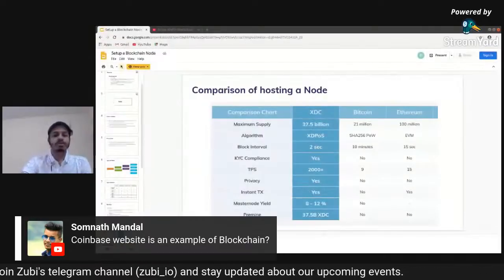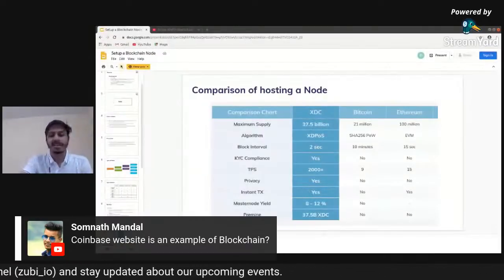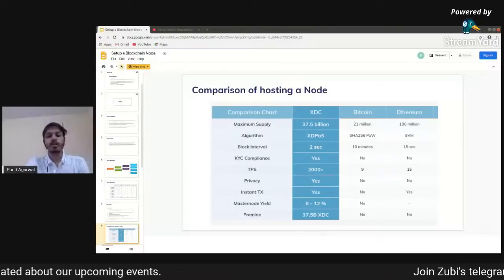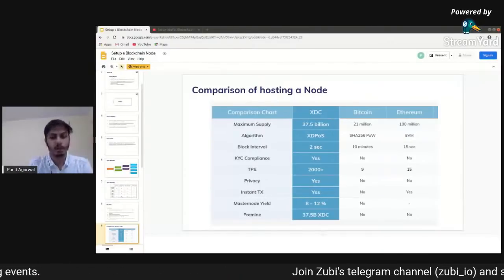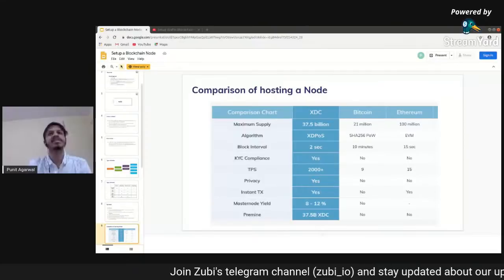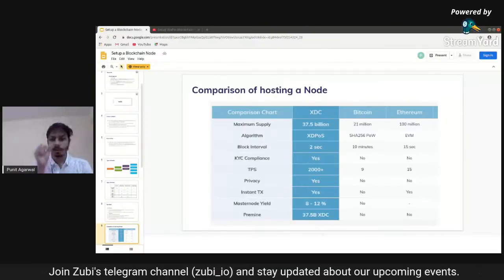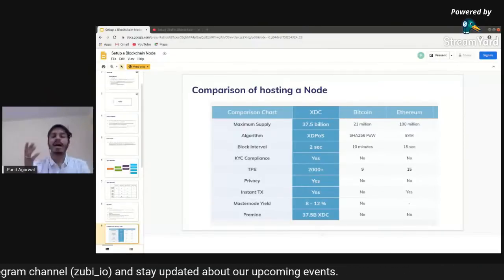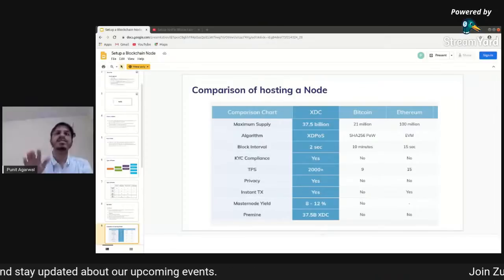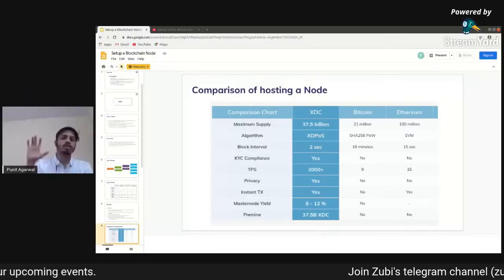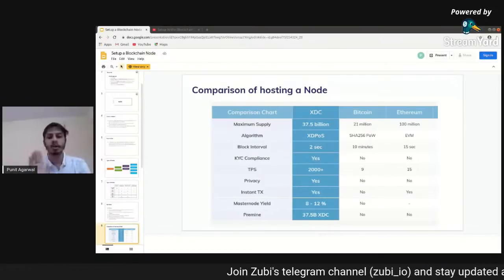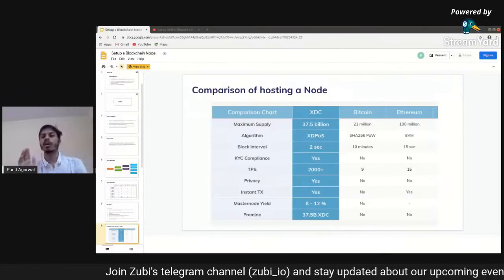Somnath is asking a question: is the Coinbase website an example of blockchain? No, Somnath, Coinbase is not an example of blockchain. Coinbase is just using blockchain, and is just an application on blockchain. They just take the data from the blockchain and show it to you. They don't run their own blockchain network. They don't maintain any of those things.